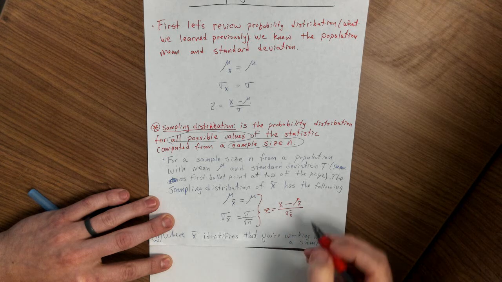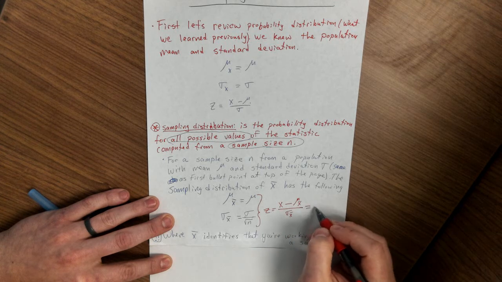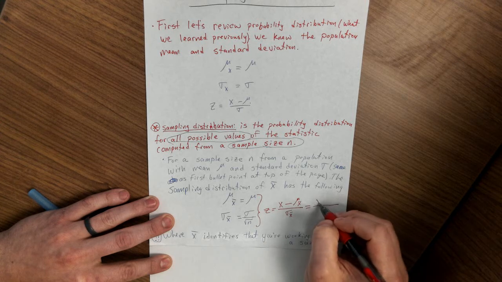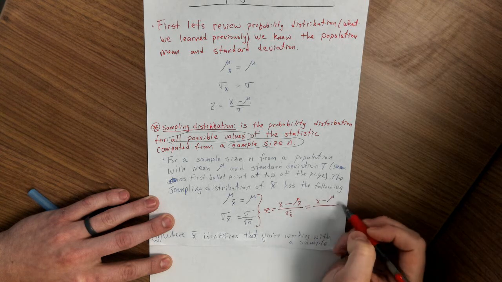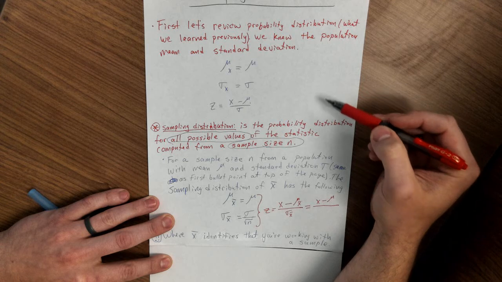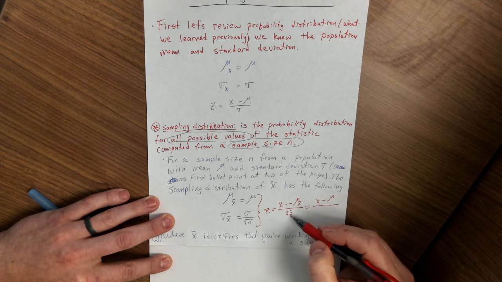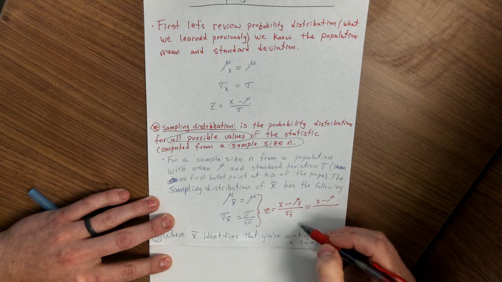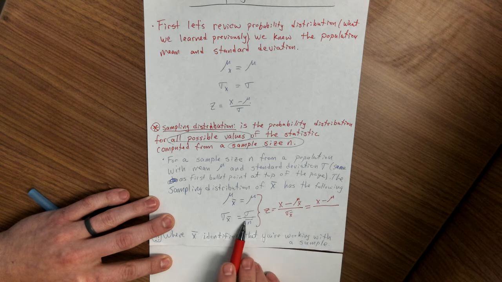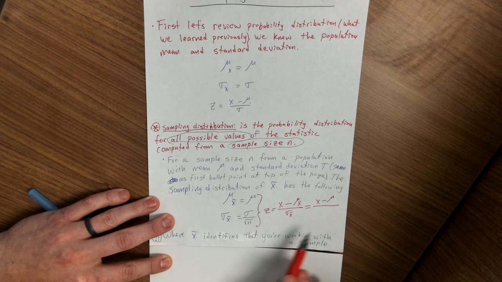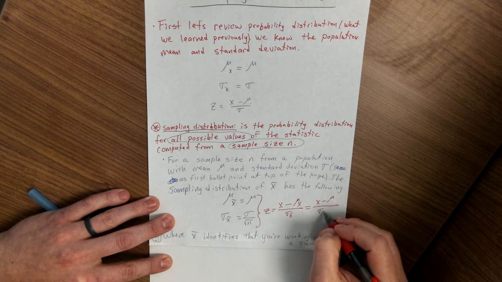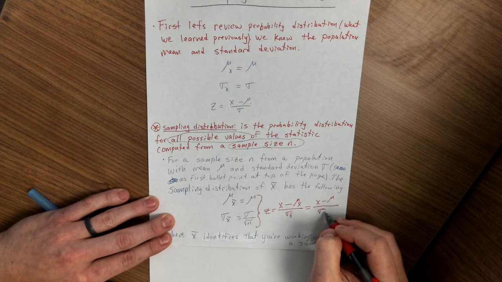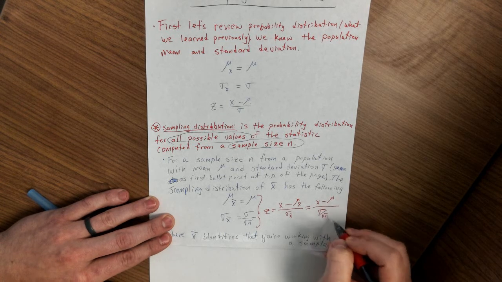They're over here. So this is equal to, on the top, we have x minus mu. So exactly the same as up here. But now we have to take into account the sampling standard deviation. Remember, x bar says sample, the sigma says standard deviation. So sample standard deviation is equal to this thing. So now this is what we're plugging in. So it's sigma divided by the square root of n.